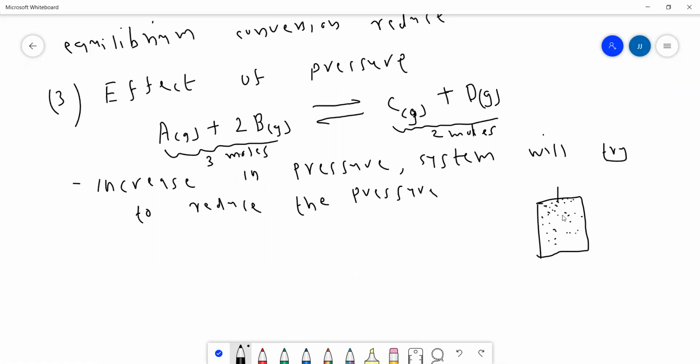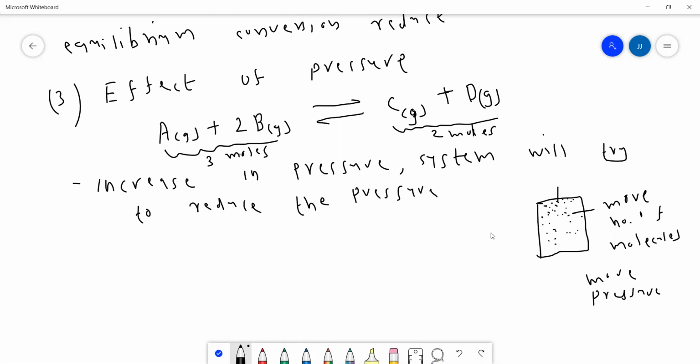So if we have more molecules, then we have more pressure, that we know.